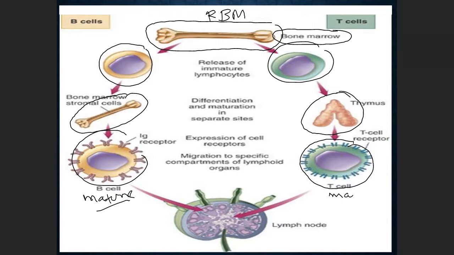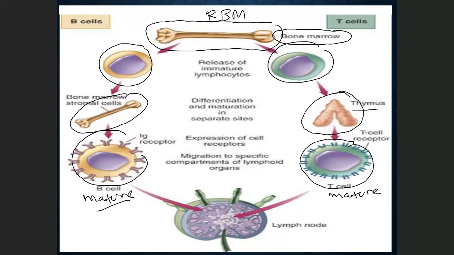This is the mature T cell. Just for your information, both of them are produced in red bone marrow, but the B cell will mature in the red bone marrow, and the T cell will mature in the thymus gland. So the maturation places are different. The production place is the same.